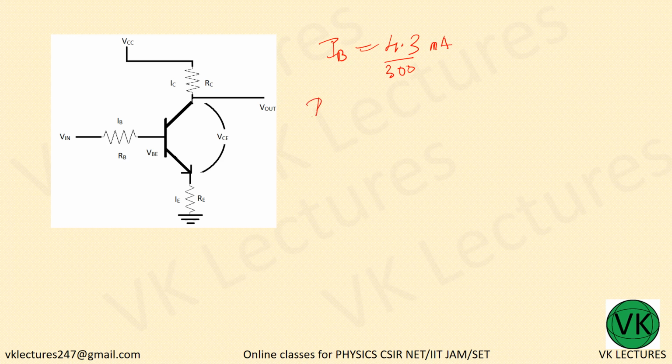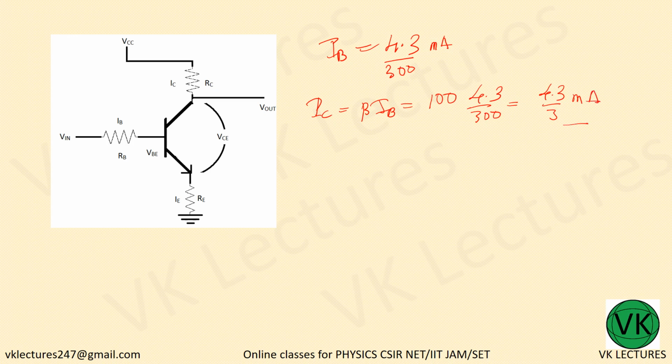Now what is IC? IC is equal to beta times IB. Beta is 100, so 100 into 4.3 divided by 300. So that becomes 4.3 divided by 3 milliampere.